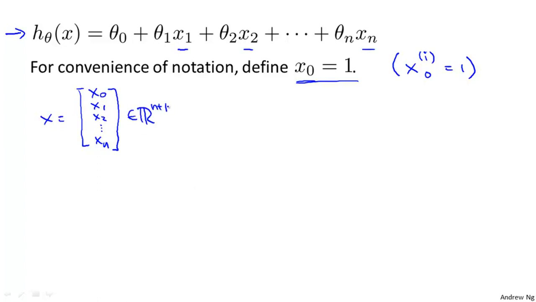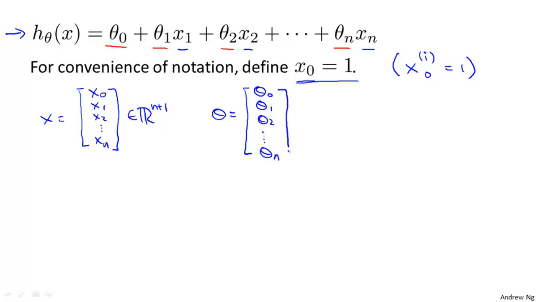And I'm also going to think of my parameters as a vector. So my parameters here, theta 0, theta 1, theta 2, and so on up to theta n, I'm going to gather them up into a parameter vector written theta 0, theta 1, theta 2, and so on down to theta n.